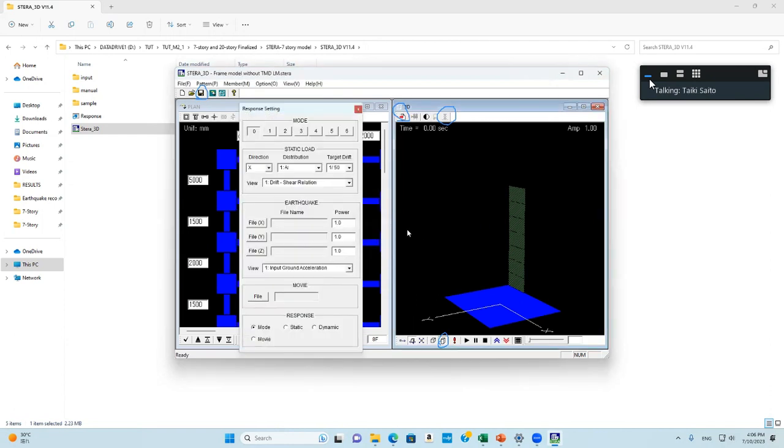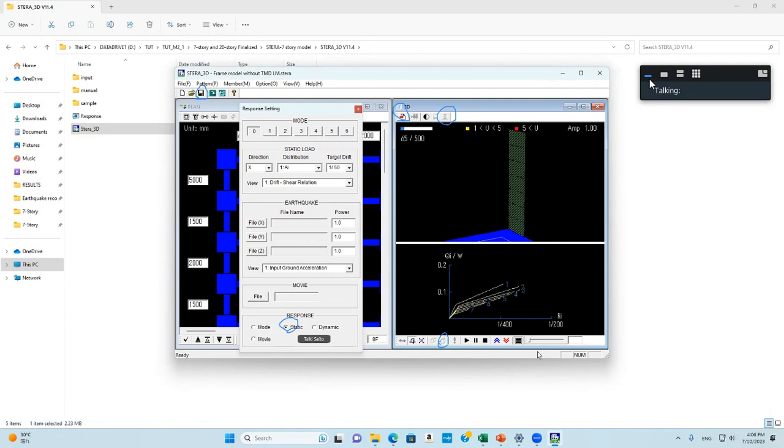Could you do push? Okay, so this is a nonlinear model for the frame model.